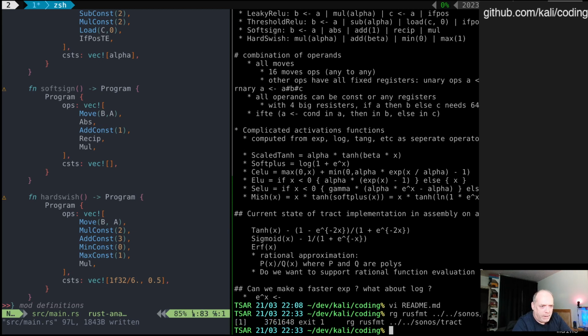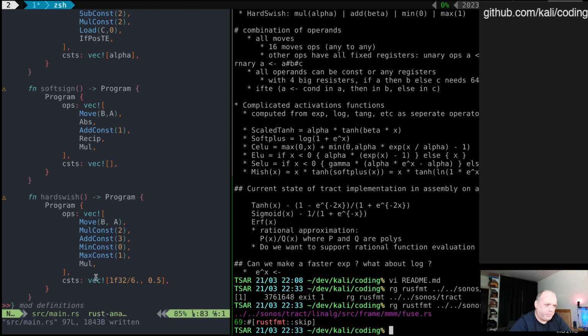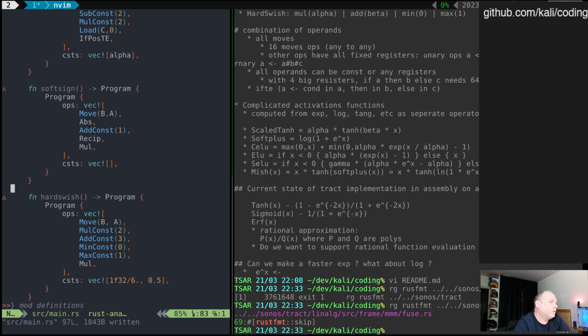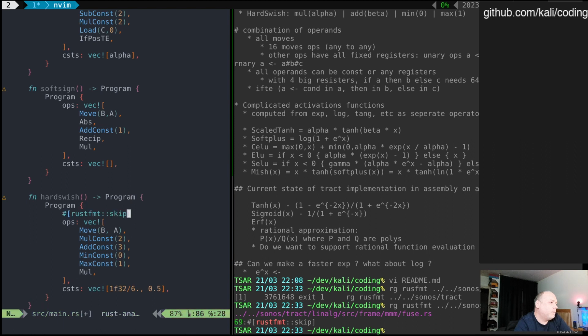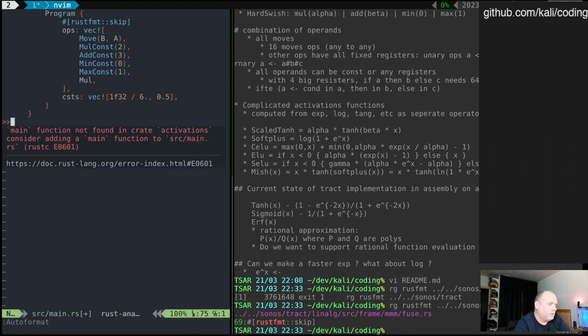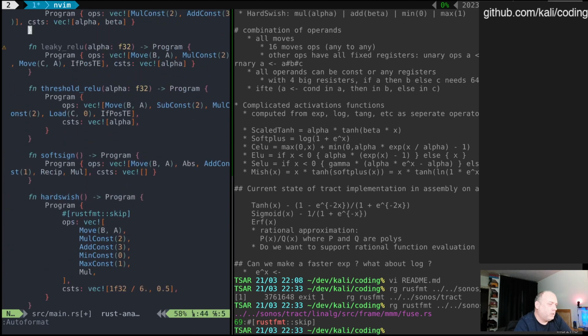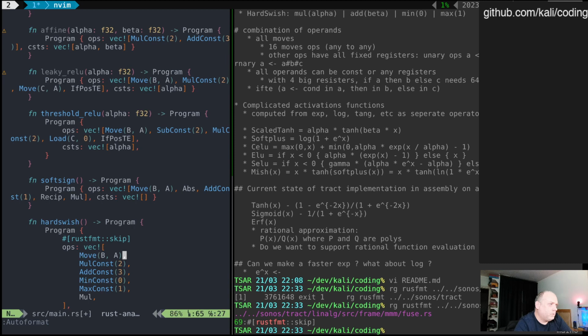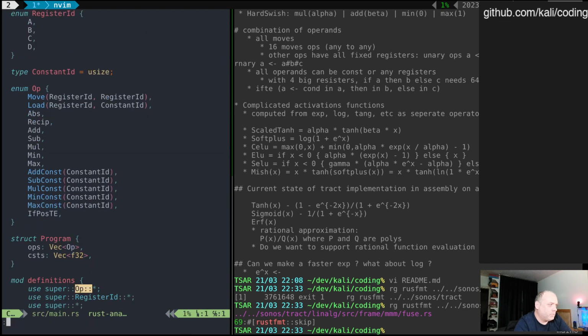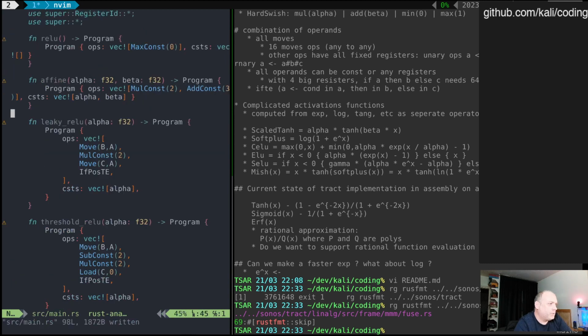There is a way to do that. Rustfmt skip. Yep, I used it somewhere before. So can I put it there? Is it working? Yes, it did work because the others are broken and this one was preserved.